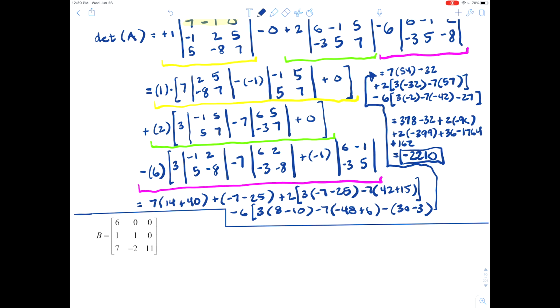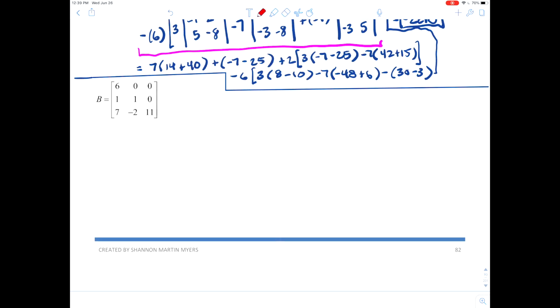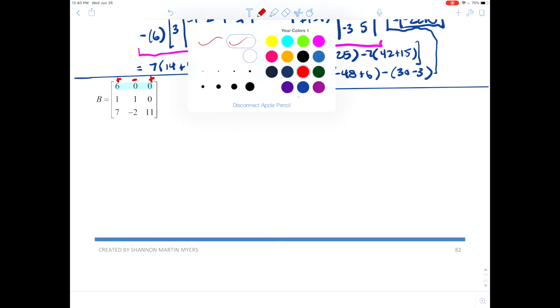Okay, so now let's take a look at part B. Wow, this is going to be nice, isn't it? I think expanding about that first row or third column would be ideal. So I'll just do first row. Let's see what we get.